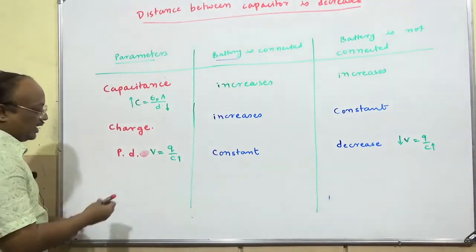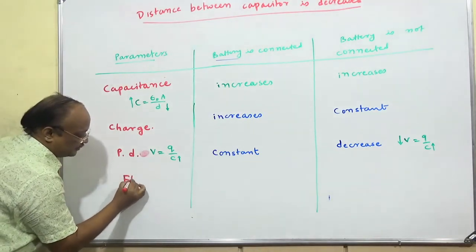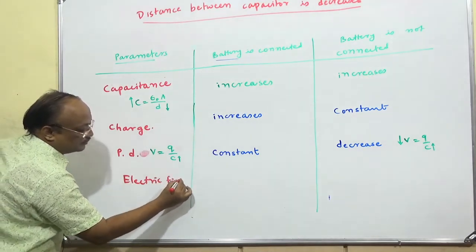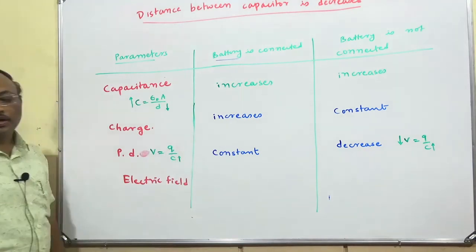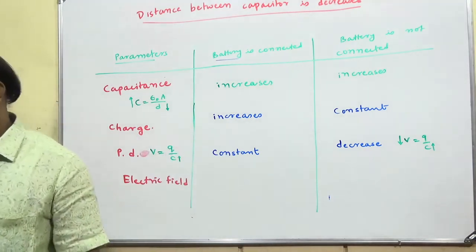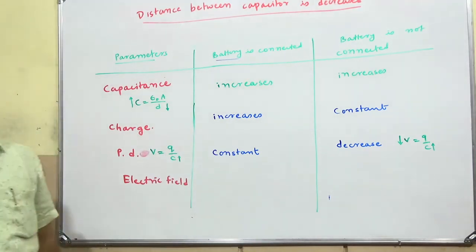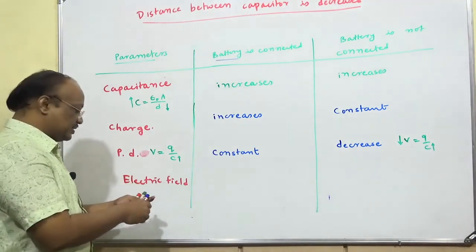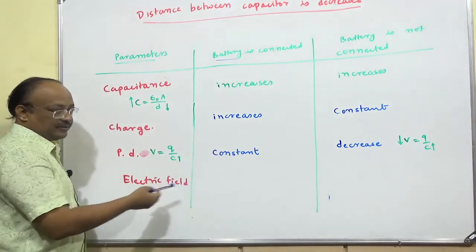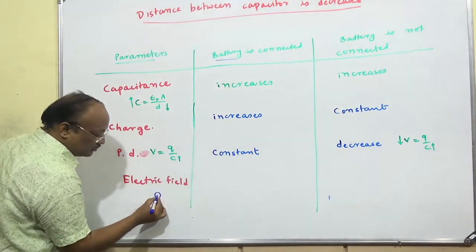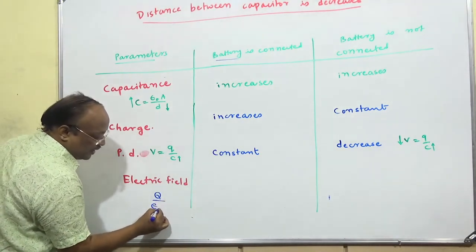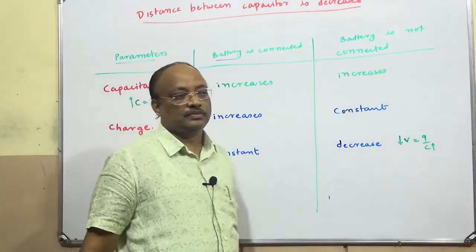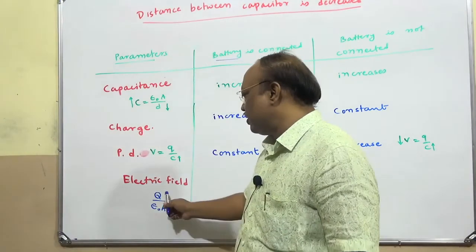Now, electric field. What happens to the electric field? Q is equal to epsilon naught A times E, so I can write electric field as Q by epsilon naught A. What happens here?